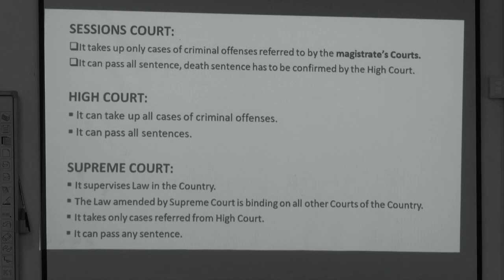Sessions court will take up any case that is referred to it by a magistrate. High Court takes cases referred from the sessions court, and people generally can come to the High Court if they have some problem. The Supreme Court, you cannot go to by yourself.